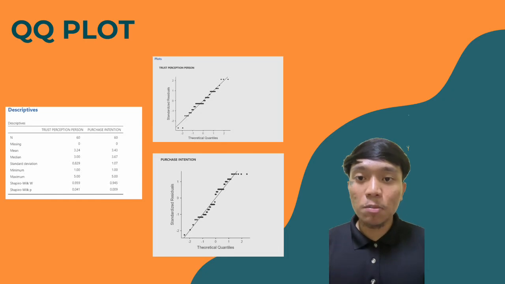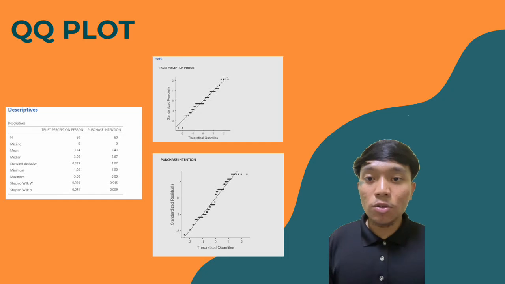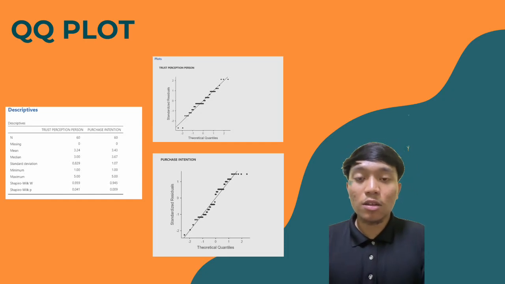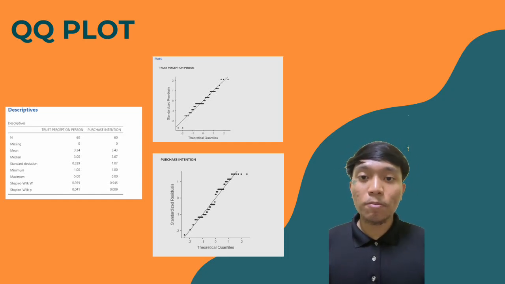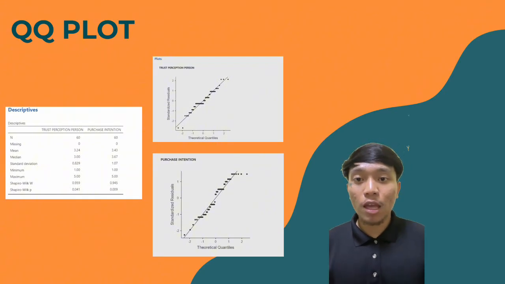And then for purchase intention, the Shapiro-Wilk statistic is 0.945 with a p-value of 0.009.